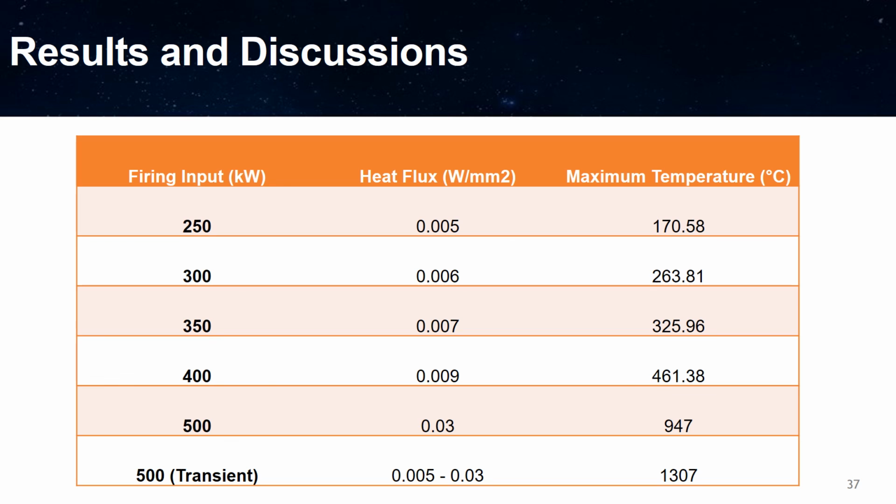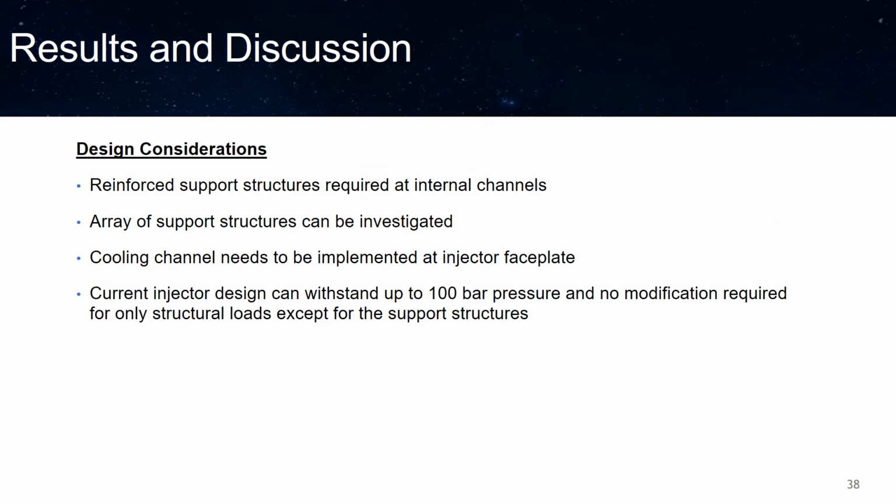And even though the temperatures are lower at 350 to 400 kilowatt, I would still recommend implementing cooling so we do not have yielding due to long-term operation at those firing inputs.